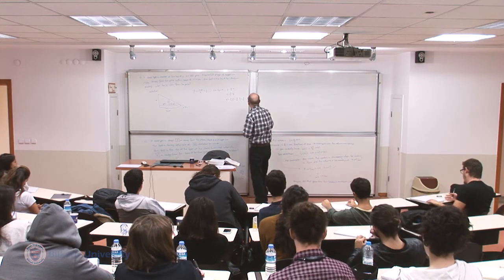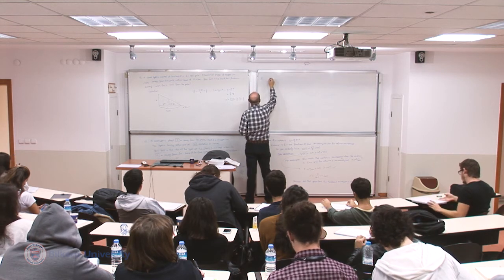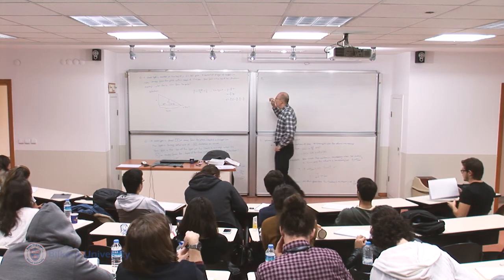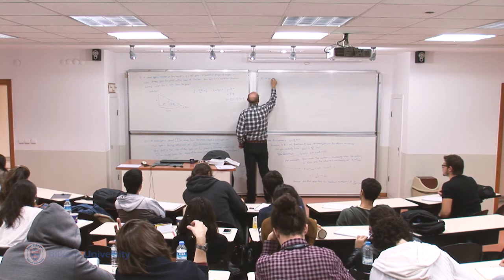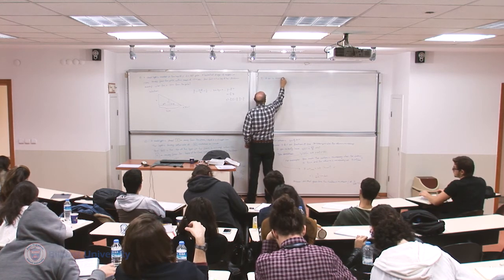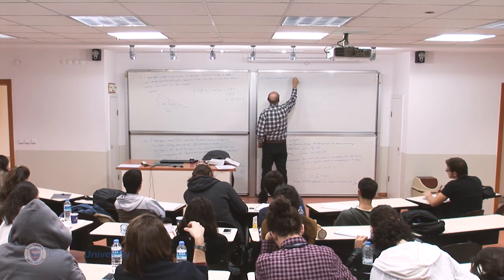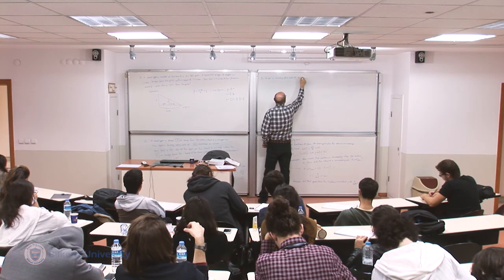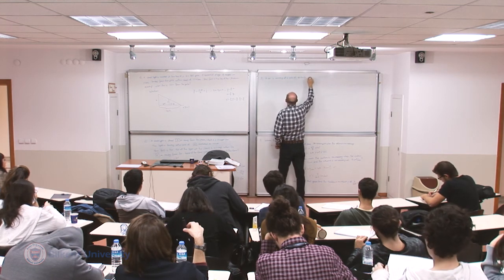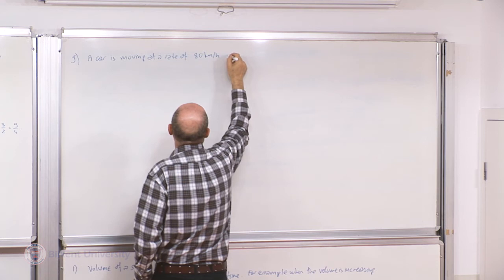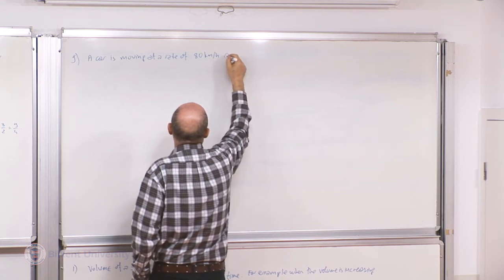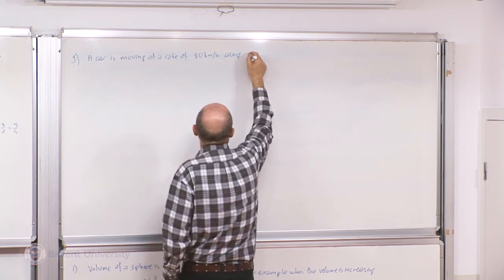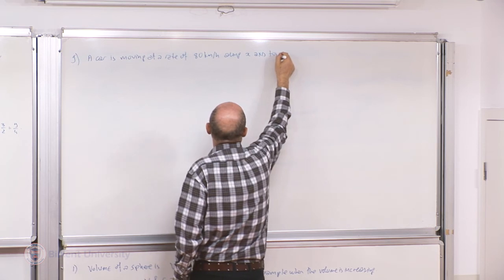So number 9. These problems generally talk about northeast, etc. So let me say a car is moving at a rate of, say, 80 kilometers per hour. Let's make this on the xy plane, along the x-axis towards the origin.